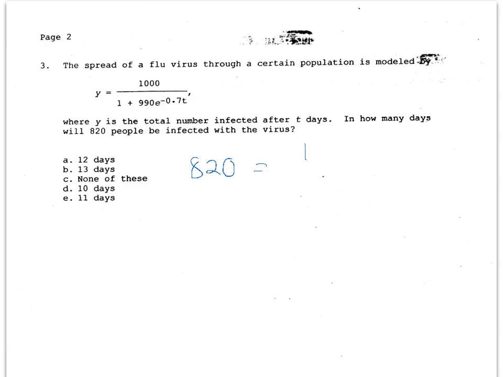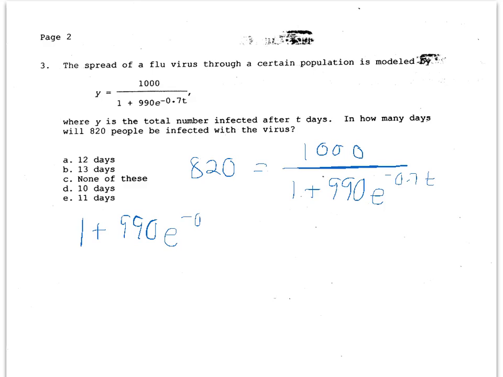So we have 820 equals 1,000 divided by 1 plus 990e to the negative 0.7t. And the trick that we learned in class to solve this is to switch the 820 with the denominator. So we have 1 plus 990e to the negative 0.7t equals 1,000 divided by 820.